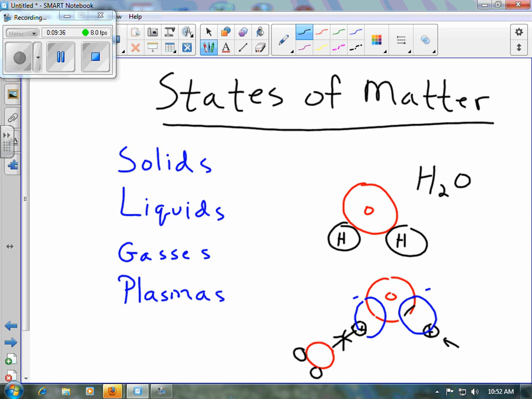And in water, you have all of these hydrogen bonds forming and breaking all the time, but it ends up giving water a lot of very interesting properties, such as its high surface tension, and one of its most important properties is it has a very, very high specific heat.